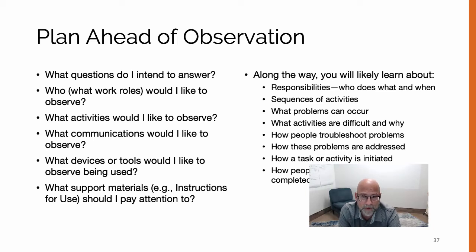You'll be certainly privy to activities that seem particularly difficult and why they're difficult, how people troubleshoot problems and fix them, how a task or activity is kicked off or initiated, and how people know that they've done things correctly when they actually have done things correctly. Those are all really important things if you're trying to identify new product opportunities or trying to design a product that fits into a particular set of needs as well as a set of environments.